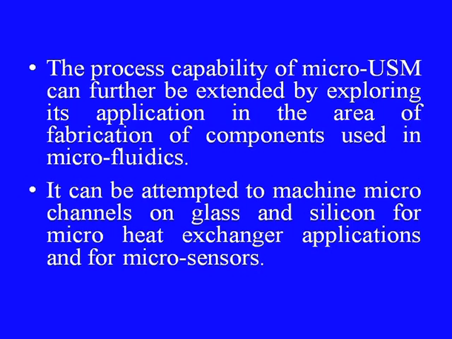It can be attempted to machine micro channels on glass and silicon for micro heat exchanger applications and for micro sensors, which are very important areas as far as micro channels are concerned. Micro channels can be fabricated using micro machining techniques such as micro USM.